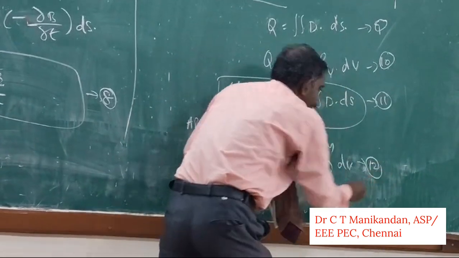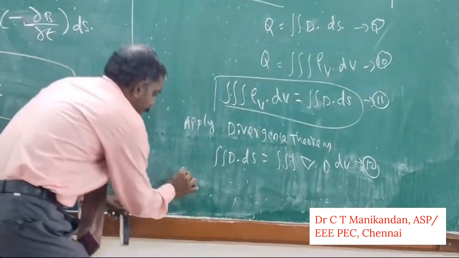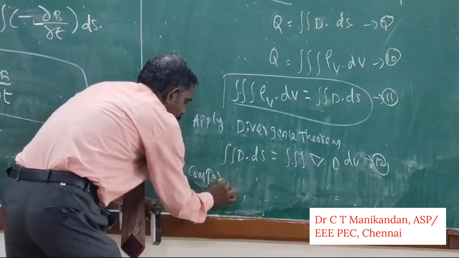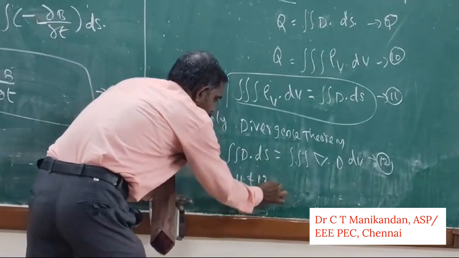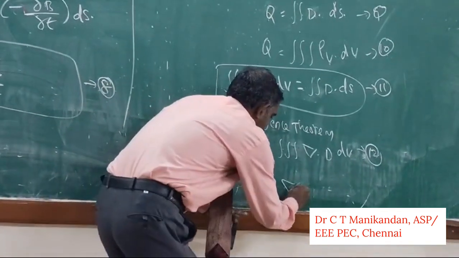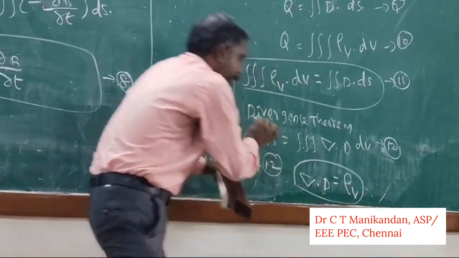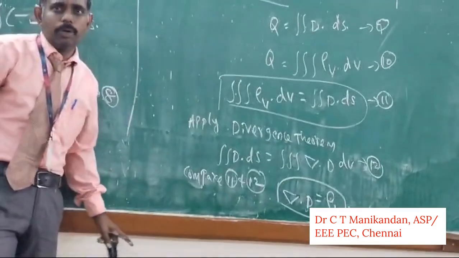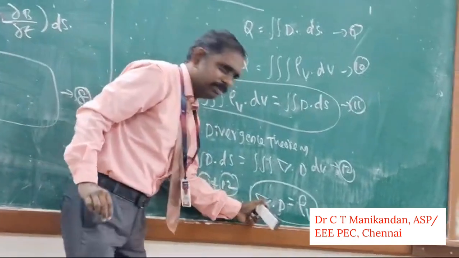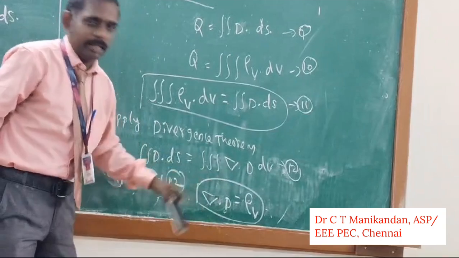So we have 12. Compare 11 and 12. What you get is del dot D equals rho v. This is called Maxwell's equation 3 in differential or point form.